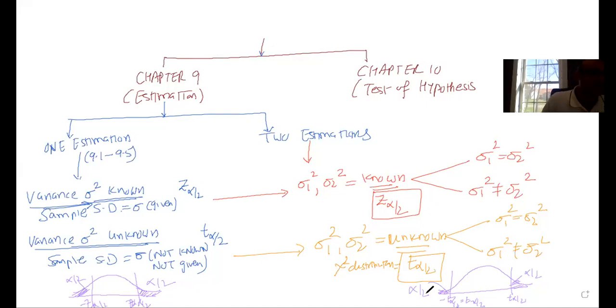And now we are going to start with chapter 9, that is estimation, or in general, one and two sample estimations. First of all, one sample estimation, and after that we will start the two sample estimations. Some of the things are given here in the book, and that's why I would like to continue with the same thing.